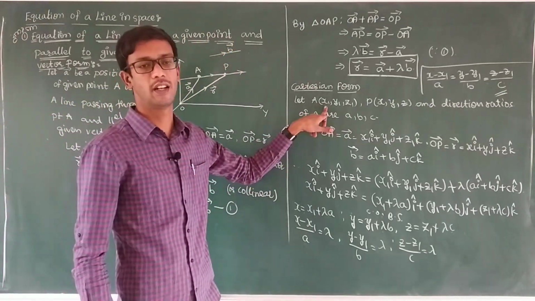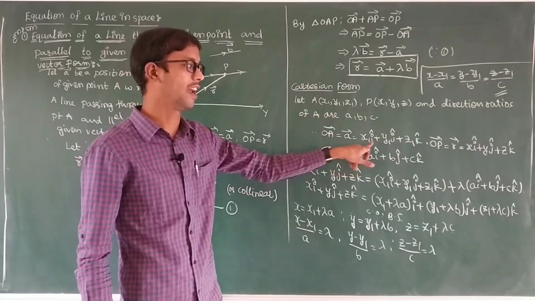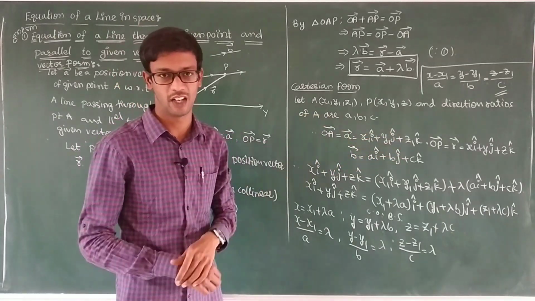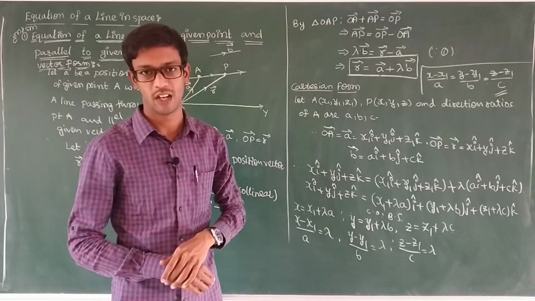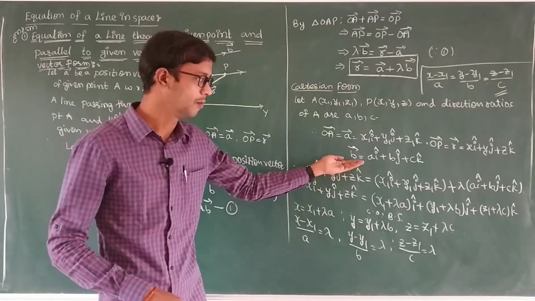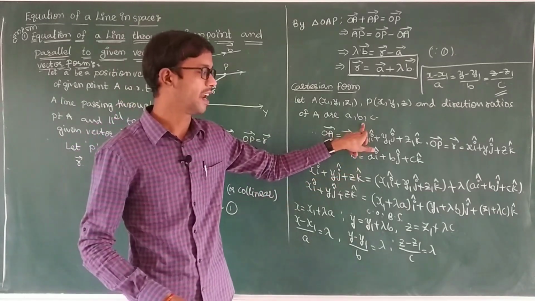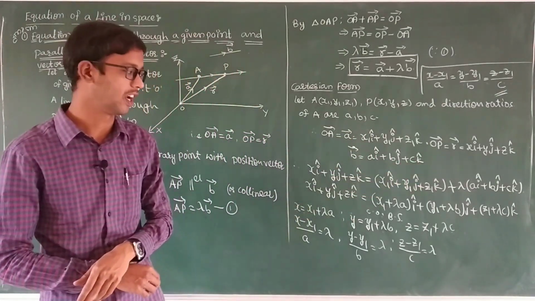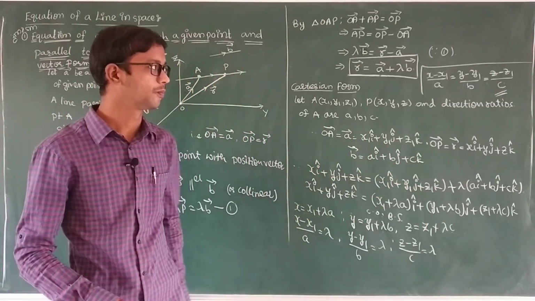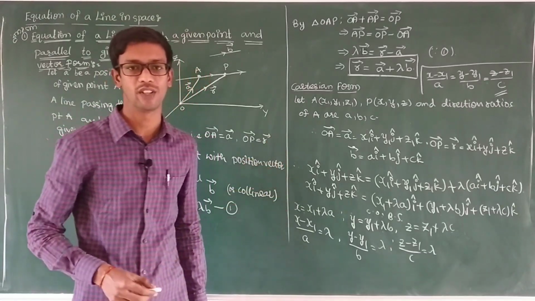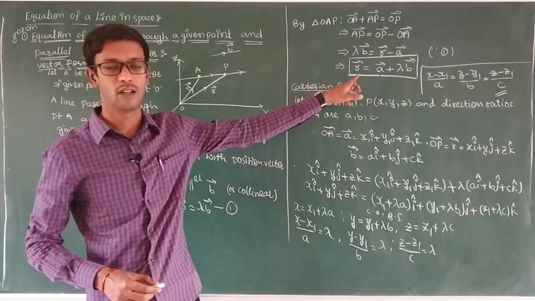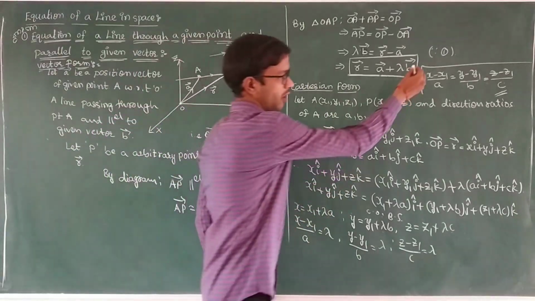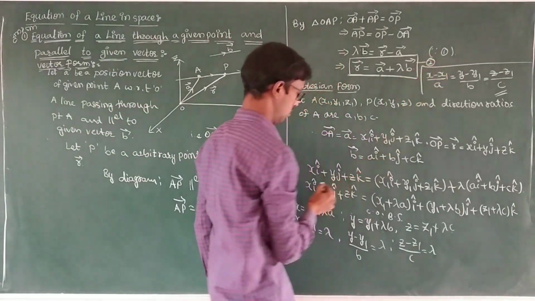So OA bar is equal to A bar, x1 i cap plus y1 j cap plus z1 k cap. r bar is the general position vector. B bar has the same direction ratios, so we can write a i cap plus b j cap plus c k cap. Substitute in equation number 2. Taking this as equation number 2.